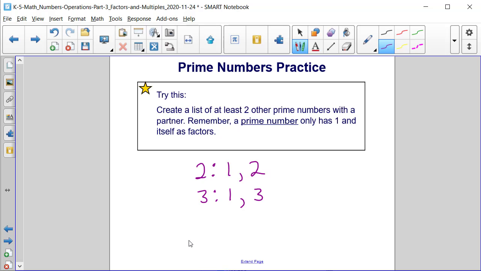We know 5 and 7 are also prime. 11 is also a prime number because its only factors are 1 and itself. These are just a few. There are many answers. As long as the only two factors of the number are 1 and itself, it is indeed a prime number.